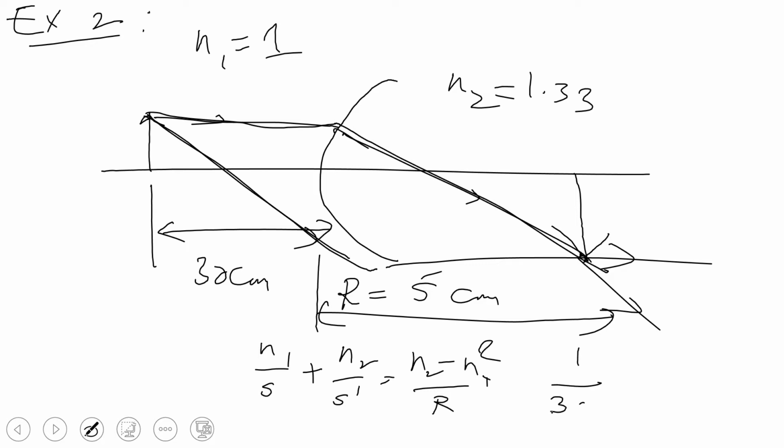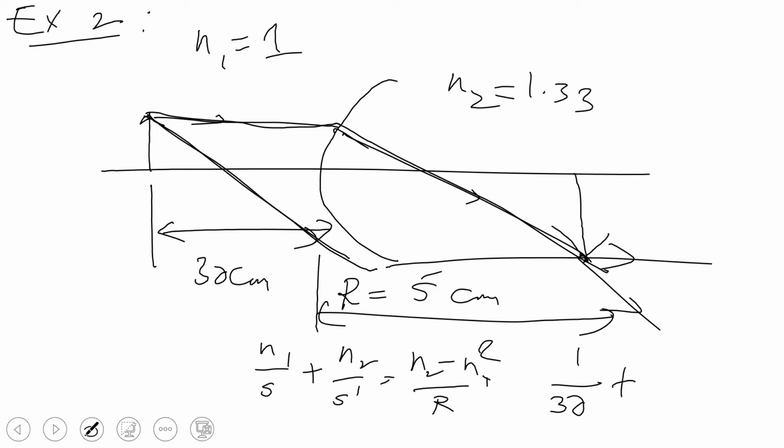Why? Because the object is to the left of the spherical surface, and because it is to the left, the distance is positive. And here the image is inverted, but it is a real image, so we don't need to change the sign anymore. It's a real image, so it is positive.